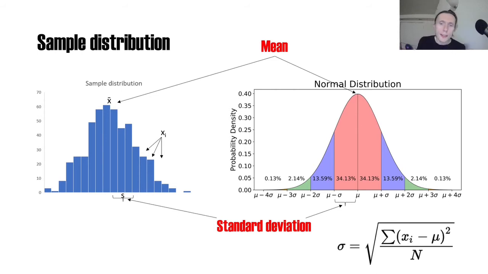So how do you calculate the standard deviation? So the standard deviation is basically, let me come back to one other thing first. So I said on the left, the mean is represented by this x bar, and a standard deviation we call s. Now when you look at the right, this normal distribution, you will see different symbols, right?